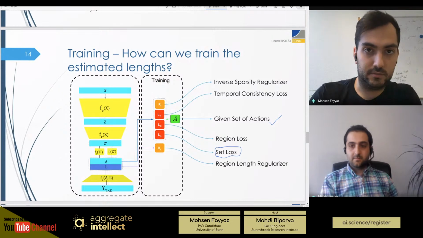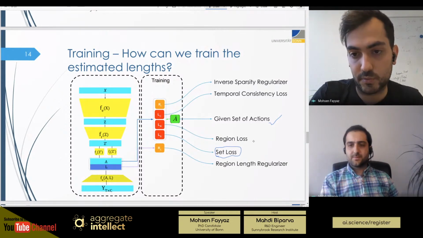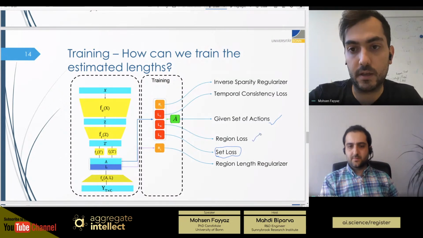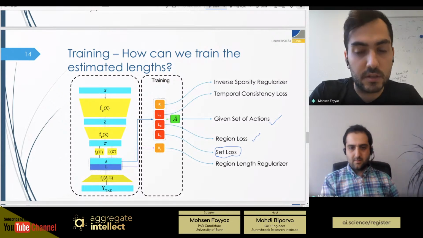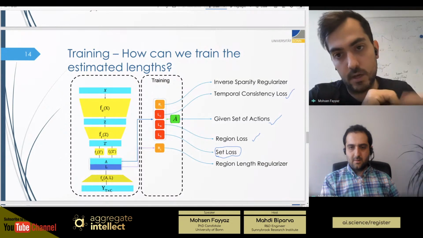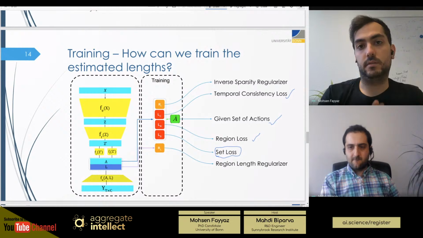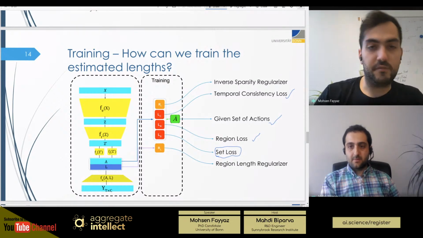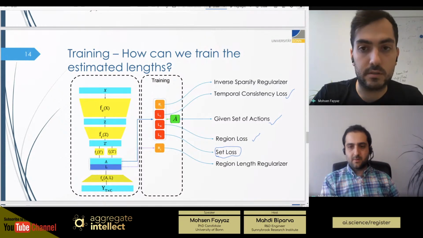We have also evaluated the effect of using these supervisions in the applications. Then another supervision is that we can say we have temporal consistency in video. What do we mean by temporal consistency? We mean that neighboring frames are more likely to have the same action probabilities compared to farther frames. So we also use a temporal consistency loss here.